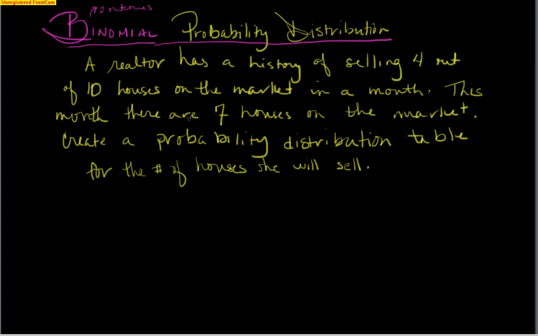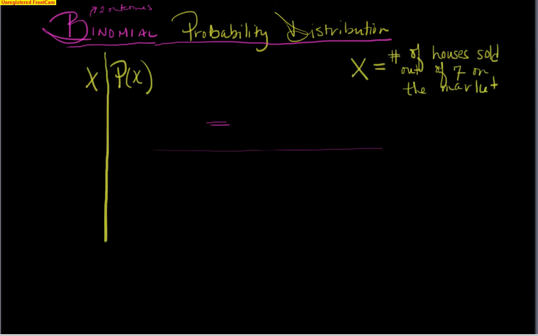This month there are 7 houses on the market. Create a probability distribution table for the number of houses she will sell. Okay, so what does that mean? Create a probability distribution. Well, all that means is make a table of the probabilities of all the different things that can happen. So let's close up that question and let's open this up.